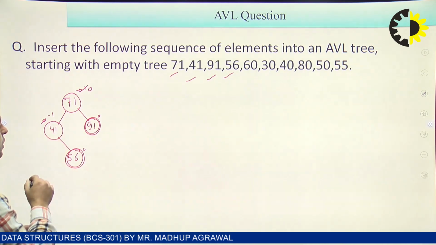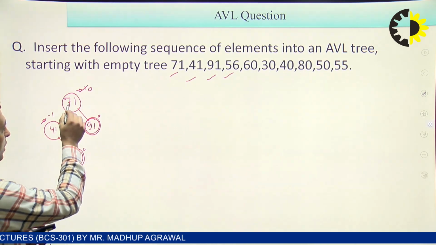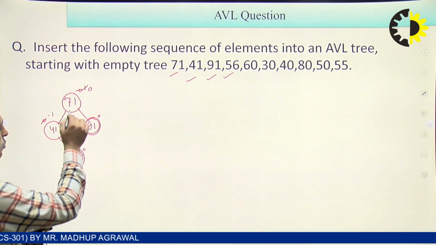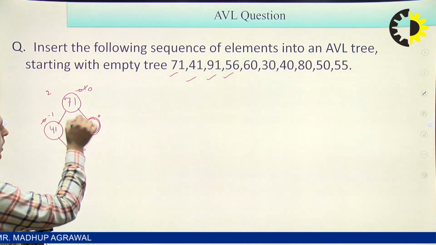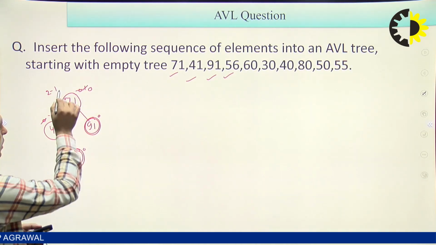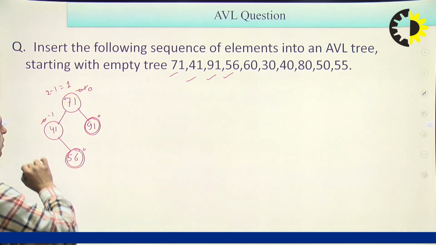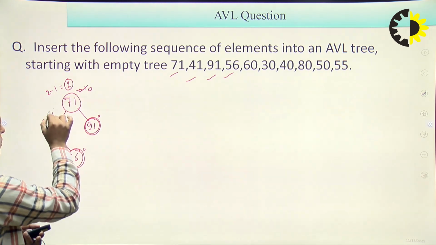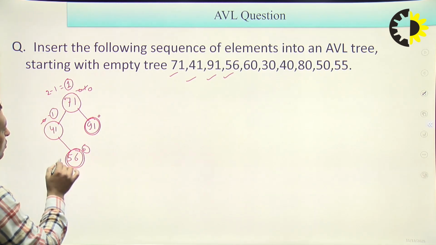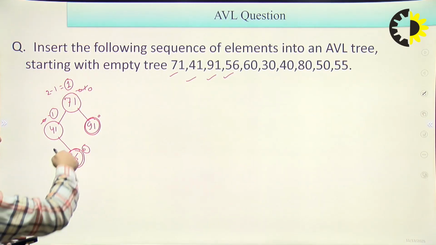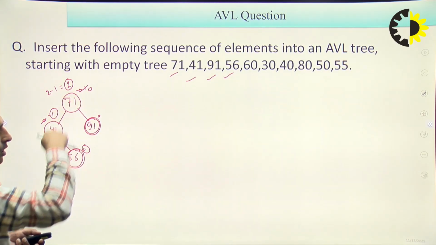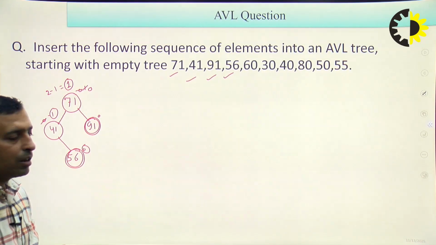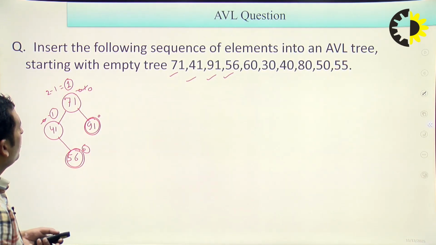For the parent of 41, the height of the left is 2 and the height of the right subtree is 1, 2 minus 1, that is 1. So this is accepted. We only calculate the balance factor of the ancestors of the newly inserted node.